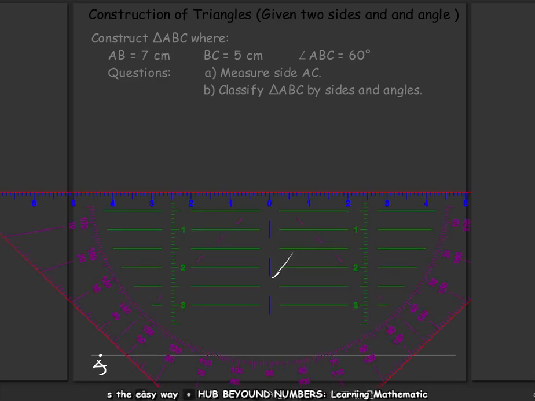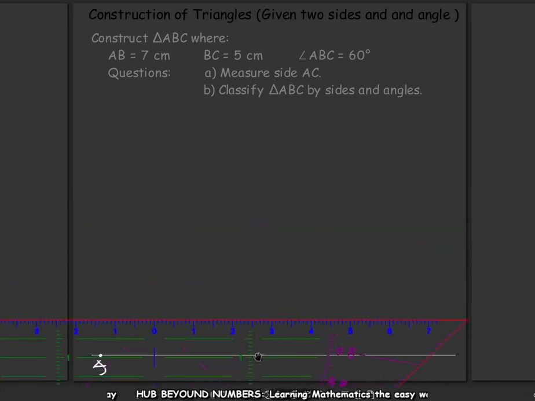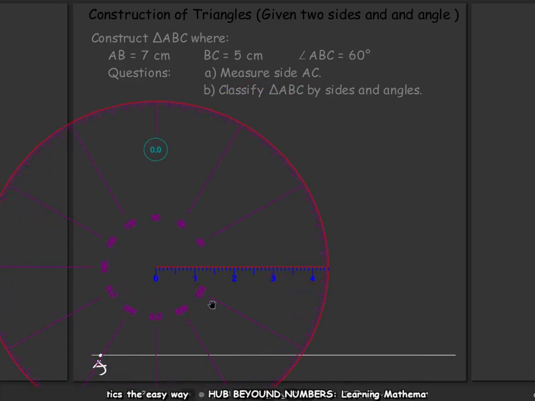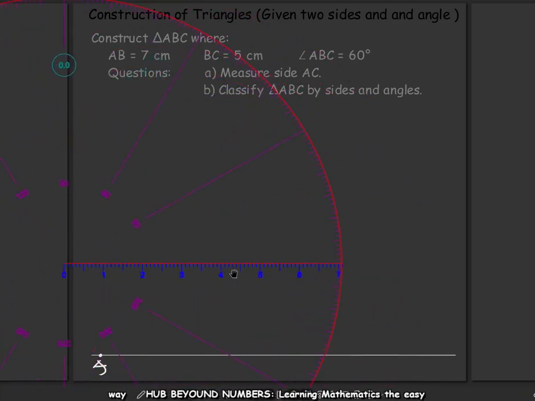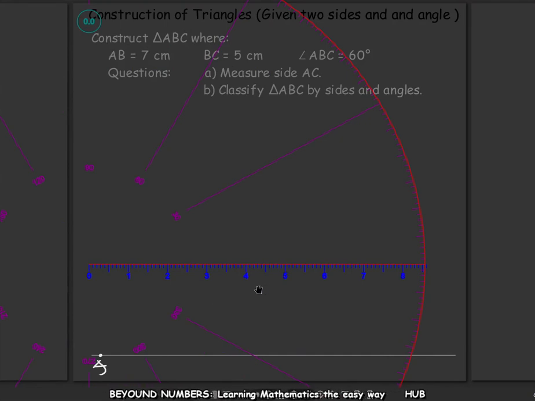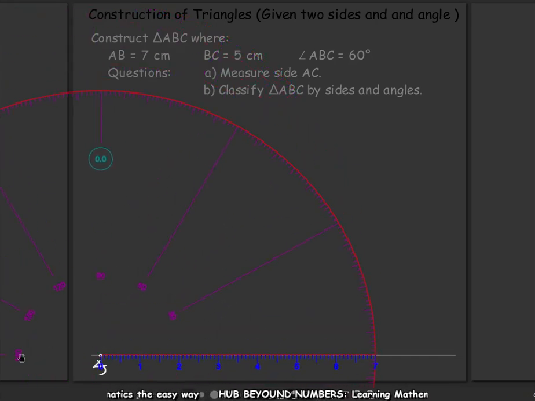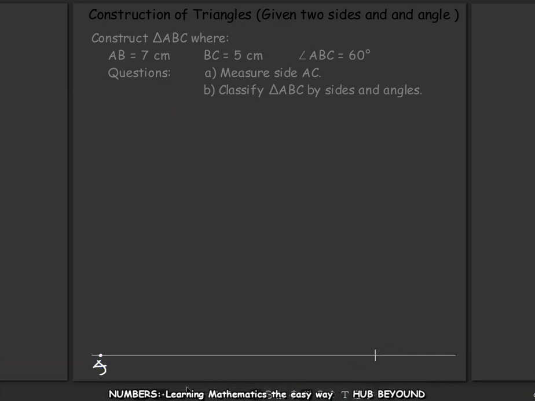You can take your ruler and measure out the 7 centimeters, or better still, you can use your compass and open 7 centimeters on your ruler. So this is going to be my 7 centimeters. Then I'll come to A over here and mark that over here as well. That is going to be my B, so I'll put my B over here nicely.